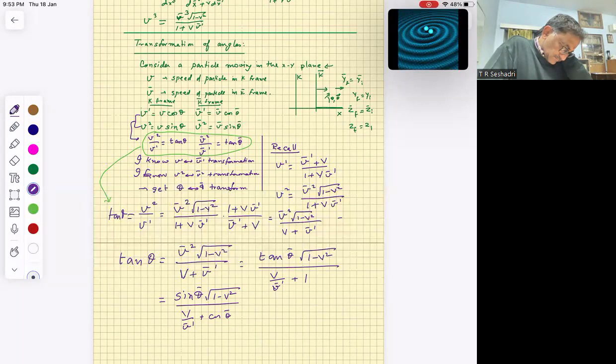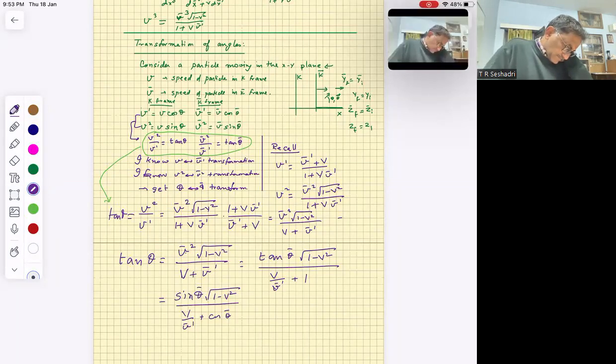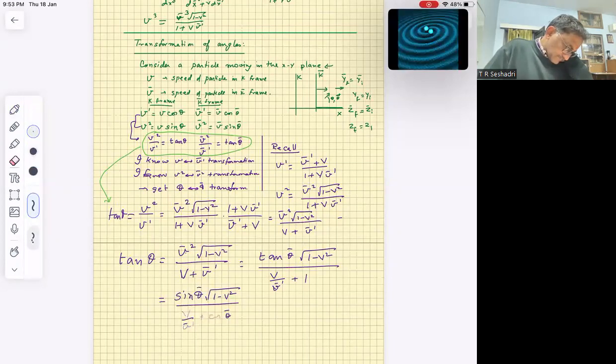It's like multiplying cos theta bar throughout numerator and denominator. No, I have taken V1 bar out now and made it into tan theta bar here. Yeah, but in the next step, when you tried simplifying in terms of sine, you put the cos theta bar in the numerator and into the denominator. Oh yeah, okay. So that cancels one cos theta bar, and you get only V by V bar, not V bar 1.